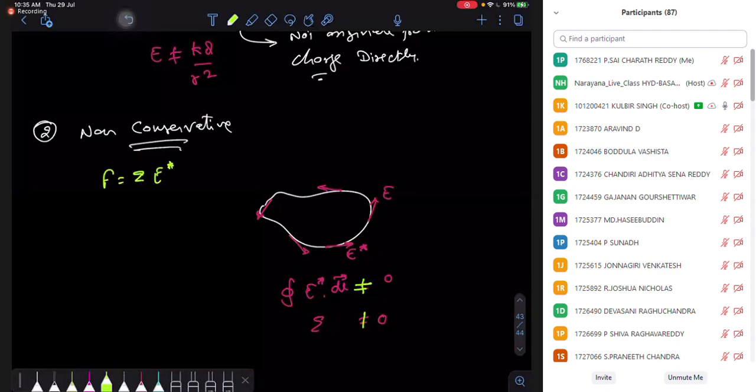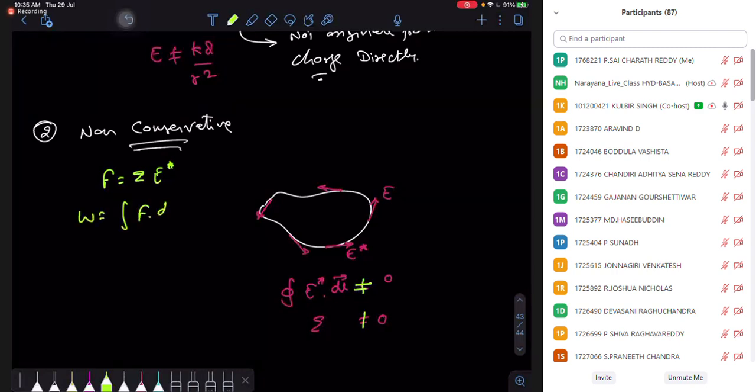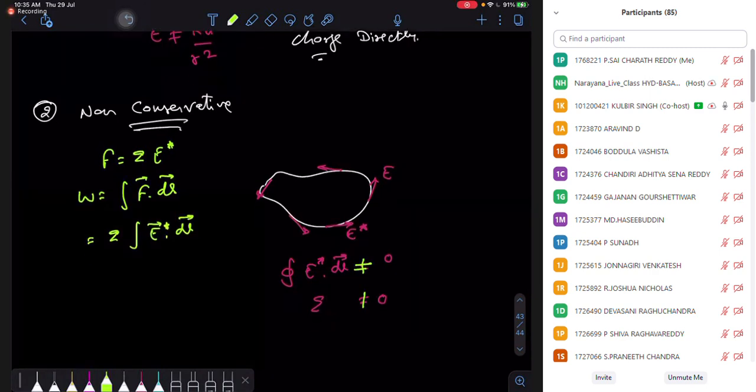You can take it as a force like a normal electric field, Q times E, and work done here as F dot ds. It is E dot dl, star, just to differentiate it here.